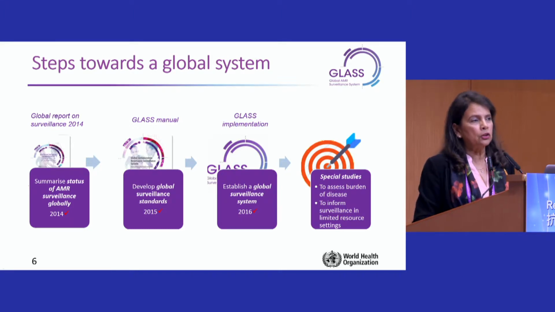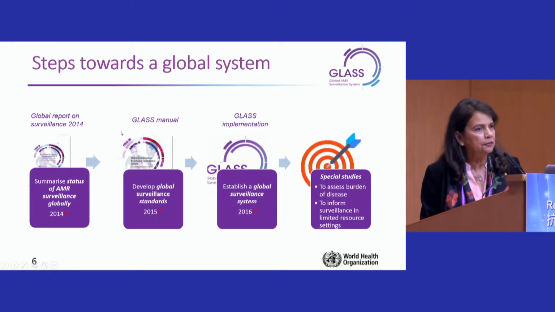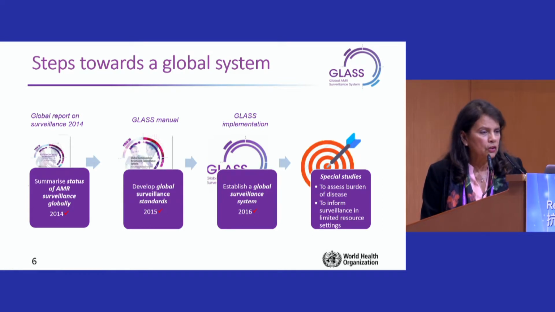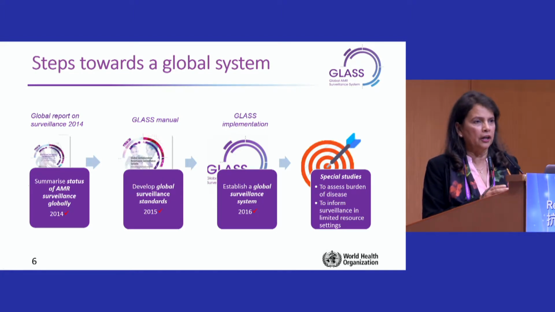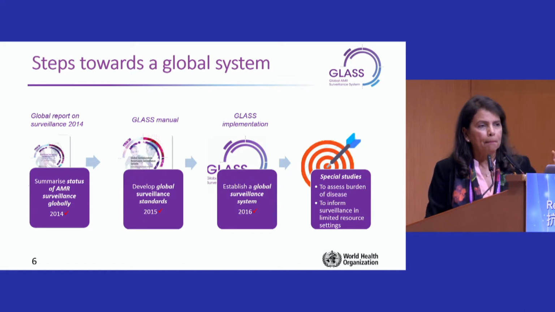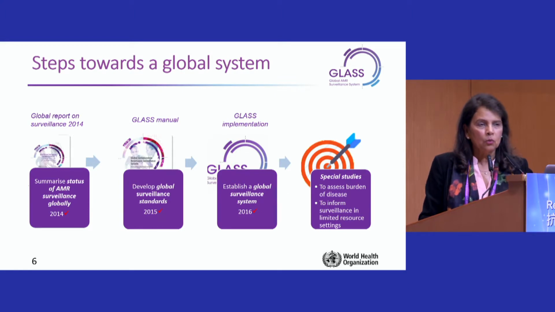This report looked at all forms of AMR surveillance and what was being done in countries, not only bacterial resistance but other types of AMR surveillance, such as in malaria, HIV, influenza, and tuberculosis. At the end of the day, the main conclusion of this first step is that the standards and the road for AMR surveillance in malaria, tuberculosis and HIV infections were well paved and ongoing. But in terms of antimicrobial resistance surveillance in acute bacterial infections in humans, we had a problem. There were not many global harmonized standards, but even worse than that.